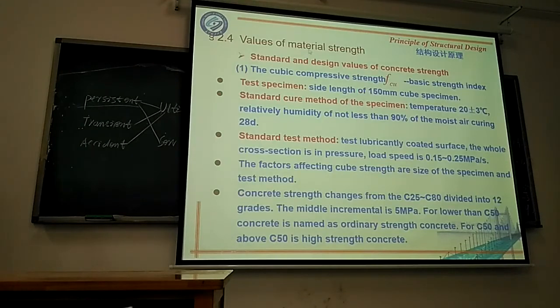So, for the standard design value of the concrete, we introduced in the first chapter that for concrete we have two different values to describe the strength: the cubic compression strength fcu, and also fck.